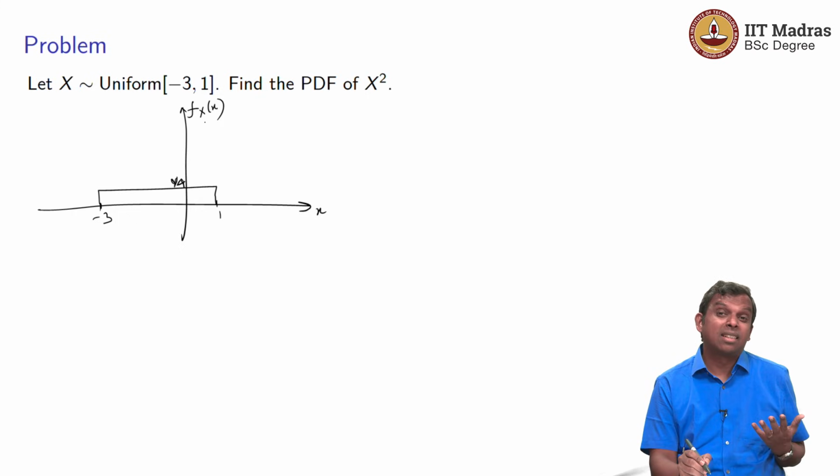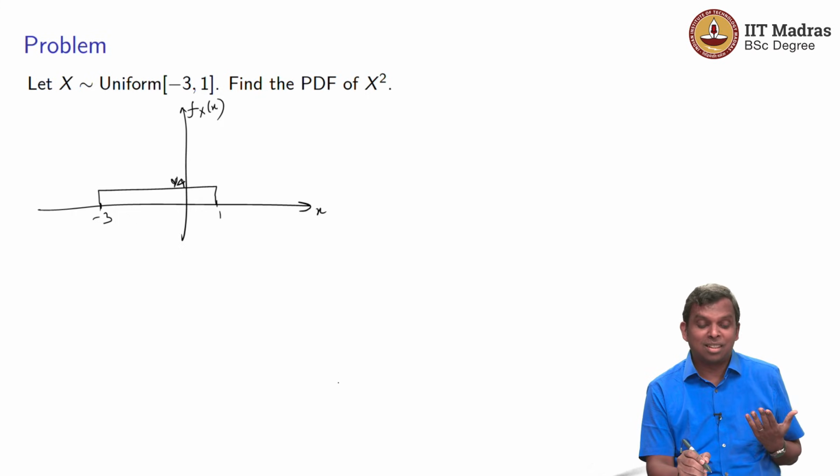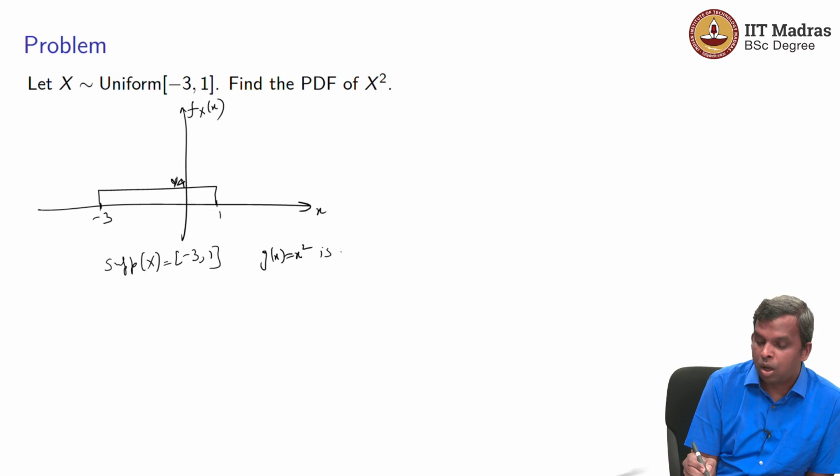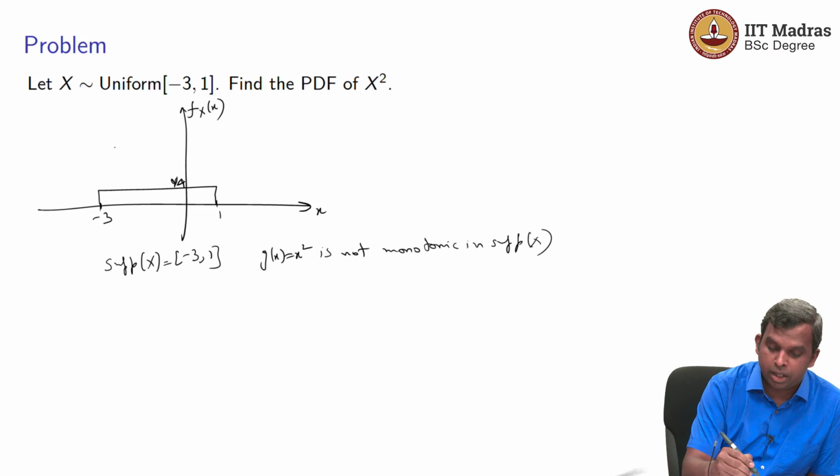The problem now is that the support is minus 3 to 1, and g of x equals x squared is not monotonic in the support of x. If you were to plot x squared, g of x should go like this.